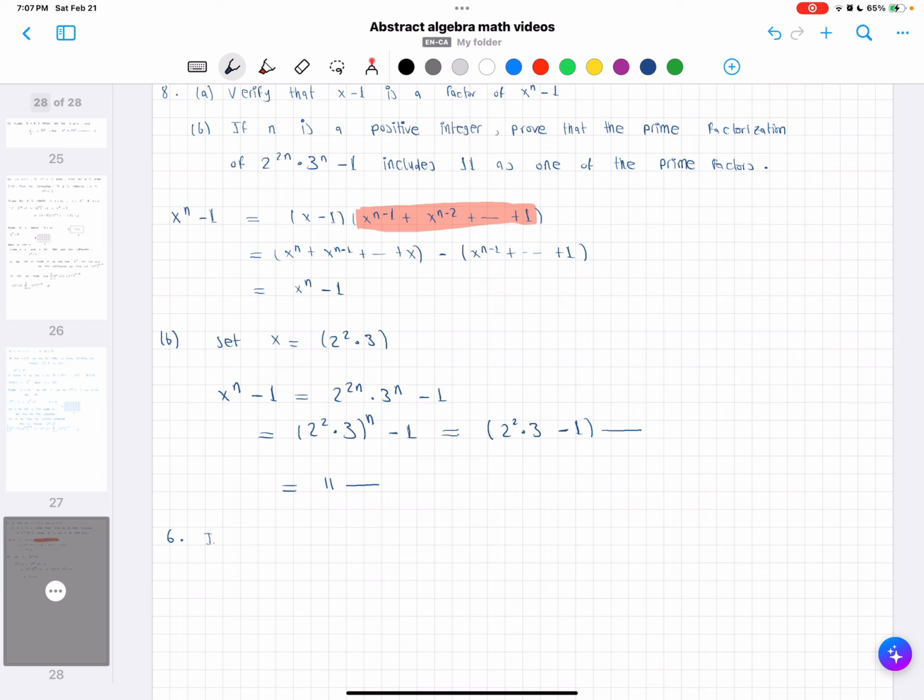If P is greater than 5 and it is prime, and P is divided by 10, show that the remainder is 1, 3, 7, or 9.